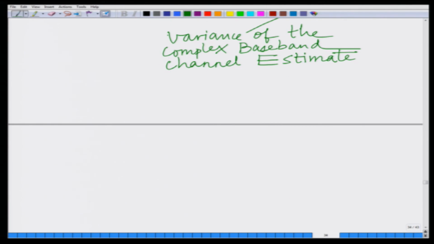Further, we have computed the variance of the complex baseband channel estimate, and we are saying that that is 1 over 7.